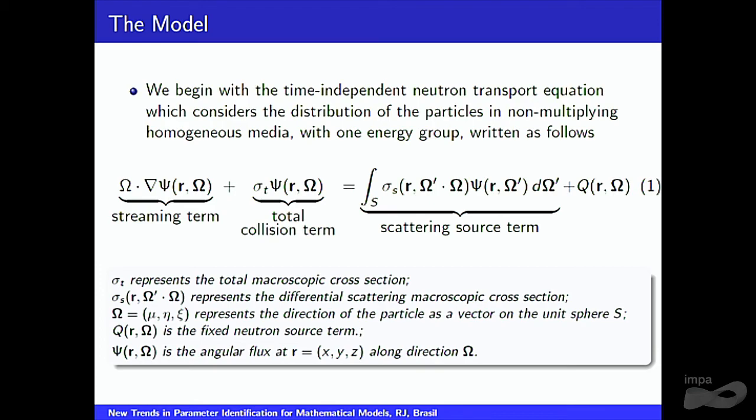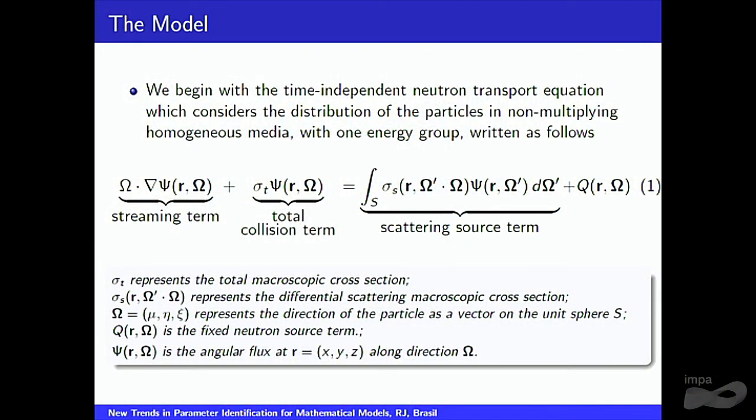Here, this parameter, for neutrons, is called the total macroscopic cross-section, which has to do with the probability of interactions. For example, when I'm dealing with the tomography problem, I have what we call the extinction coefficients, which include absorption and scattering, one of the parameters that we want, in general, to reconstruct in the tomography problem. What I call the differential scattering macroscopic cross-section somehow describes how the particles interact.